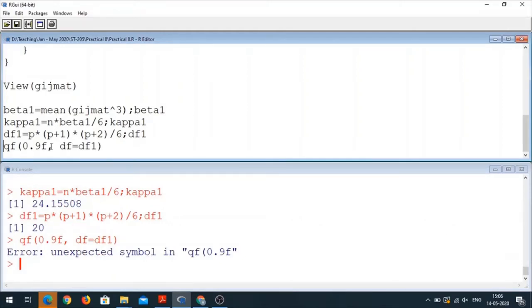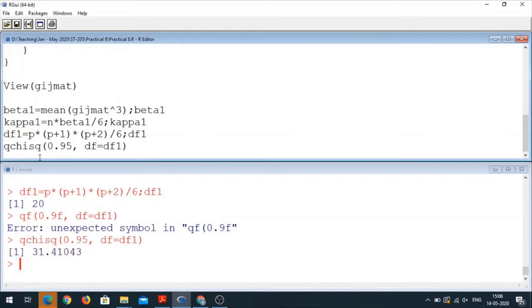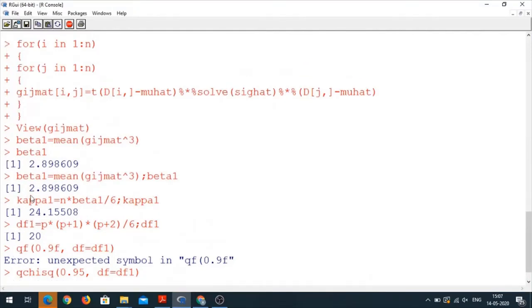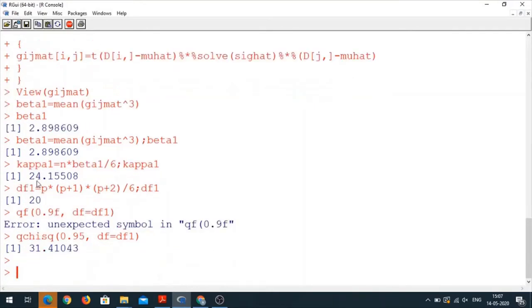Oh, sorry. I want chi-square, not f. It is 31. So actually my calculated value of the test statistic is 24.15.